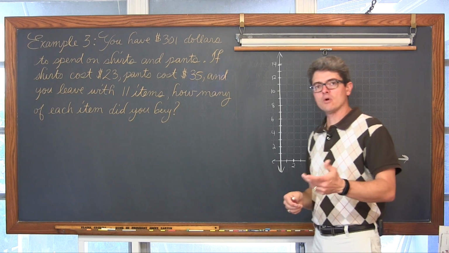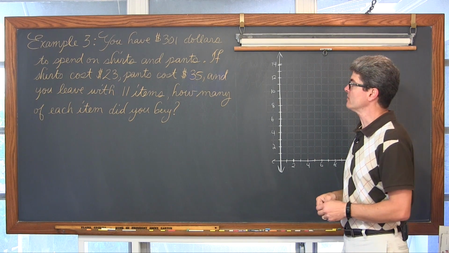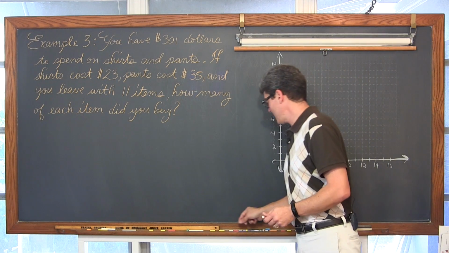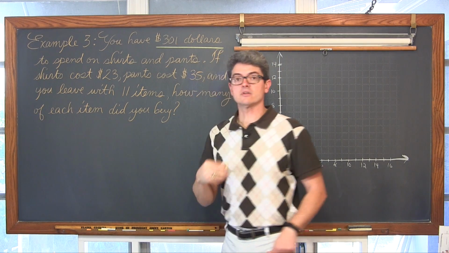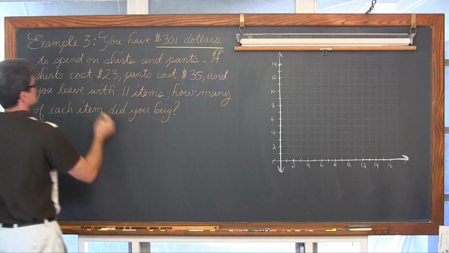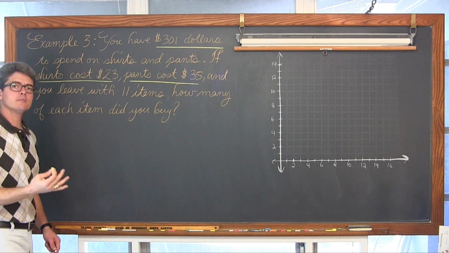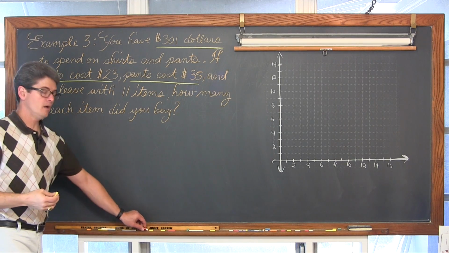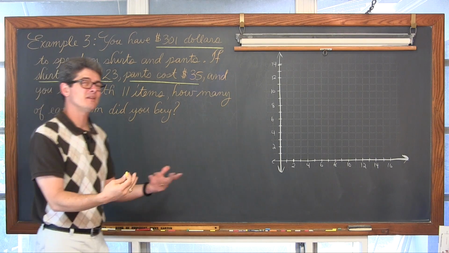And we talked before how when you do word problems, you want to read them slowly, you want to pull all that important information out. And clearly we have something in here about money. We have a total amount of money, some of it for shirts and pants. And we talked about how you want to get to the end of your question and read exactly what you're trying to find.